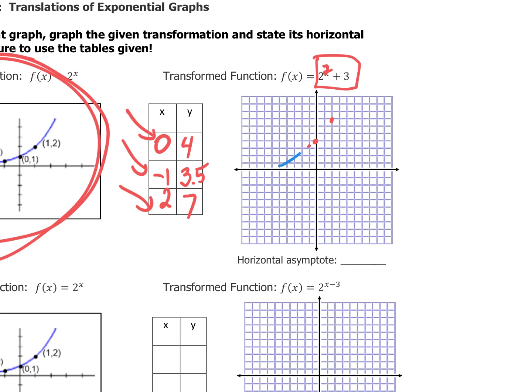I'm going to connect these now with a curvy line. That is not supposed to be a straight line. I know it's kind of close to straight, but it's not straight. It's a curved line. There, you graphed an exponential.